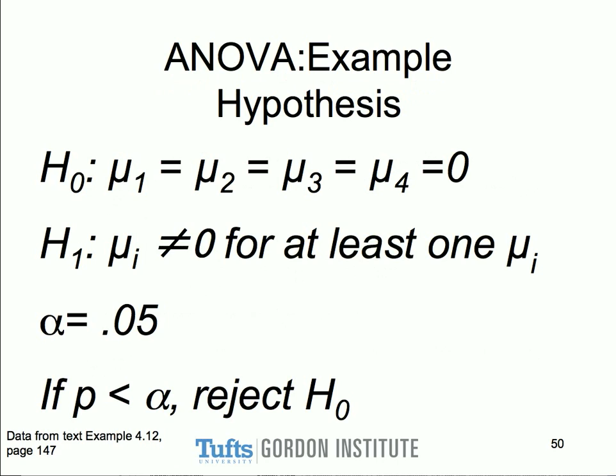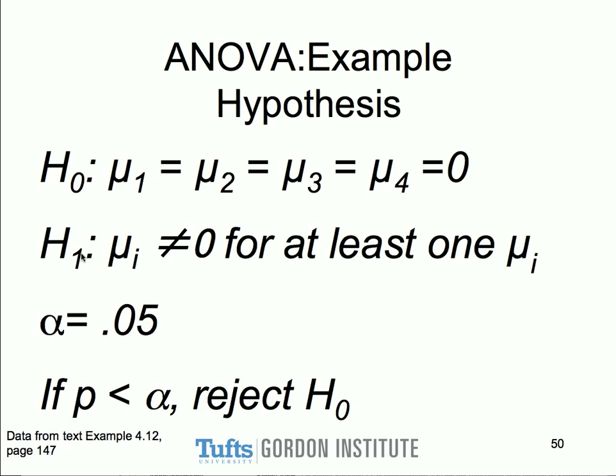Okay. First, we have to set up our hypothesis. Our null hypothesis is that as we increase our percent hardwood concentration from 5%, 10, 15 to 20, there will be no change in the output, which is the tensile strength.